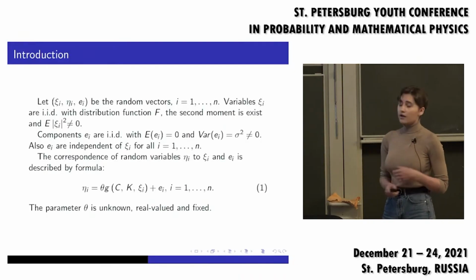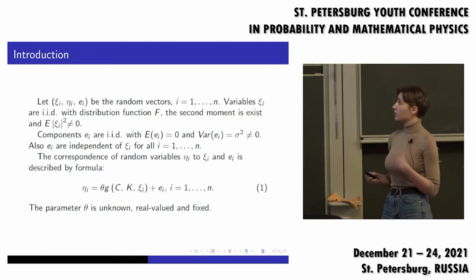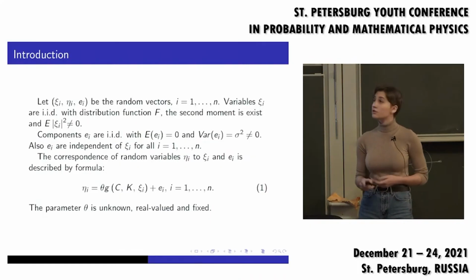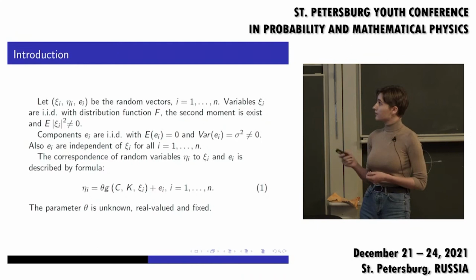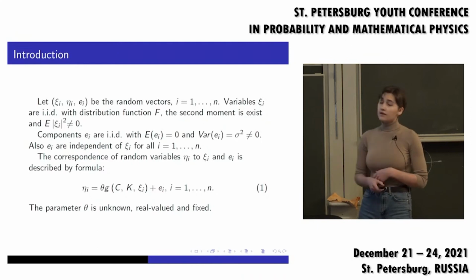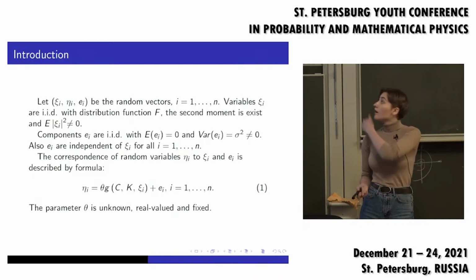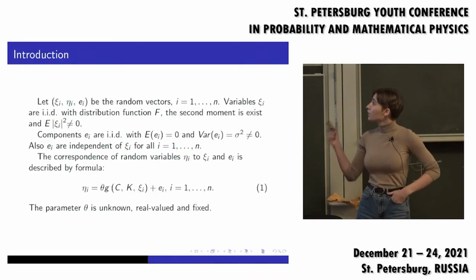Components e_i are independent and identically distributed too, with zero expectation and non-zero variance, which is equal to sigma_n square. Also, e_i are independent of xi_i for all i, and the connection between xi_i, eta_i, and e_i can be described by formula 1.